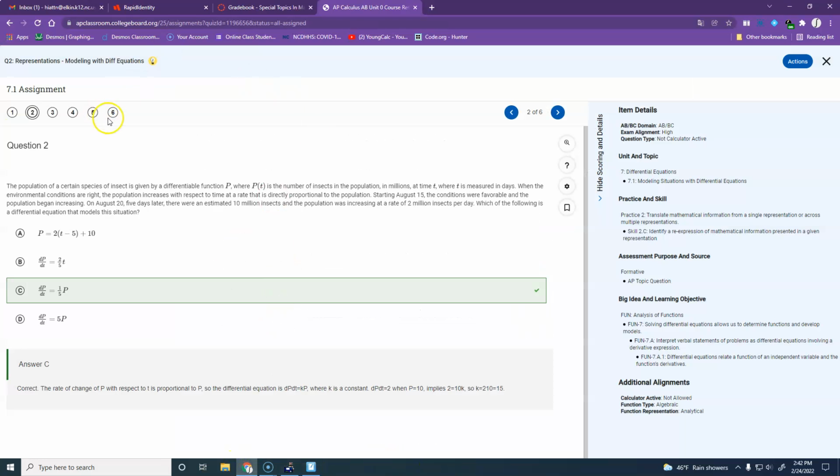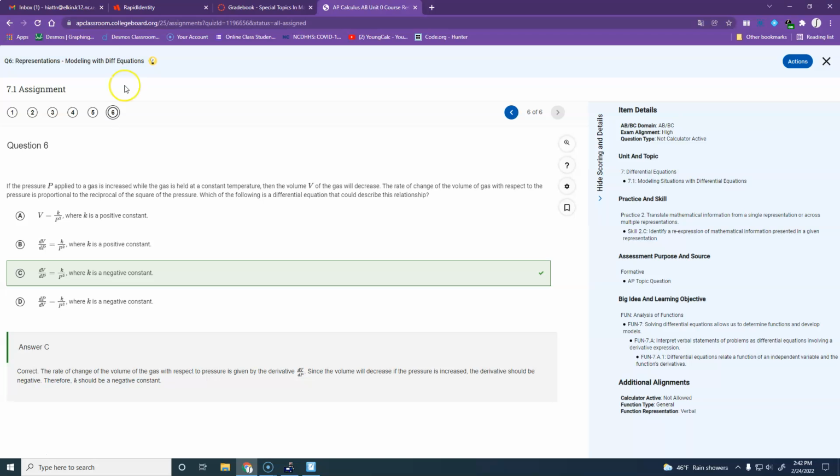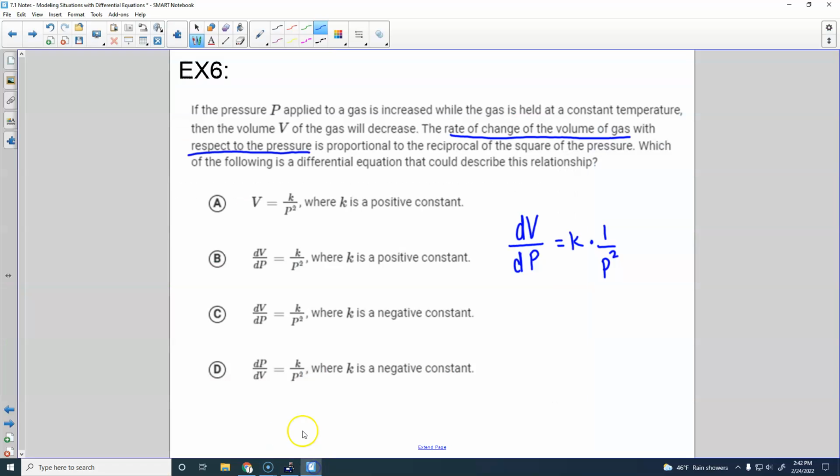Let me just check the answer before I. Okay. Yes. So because we have that decrease, we'll have the negative constant, because the volume of the gas will decrease.